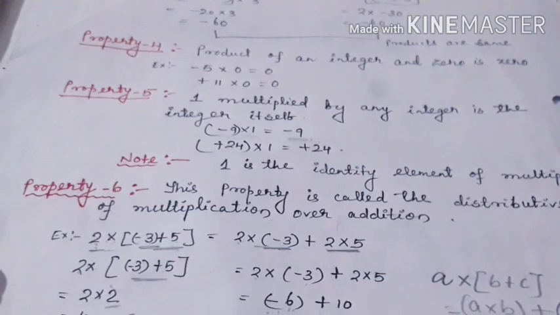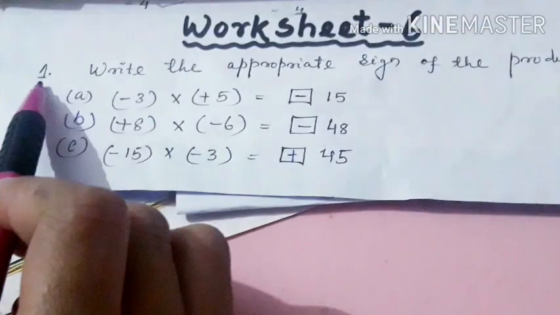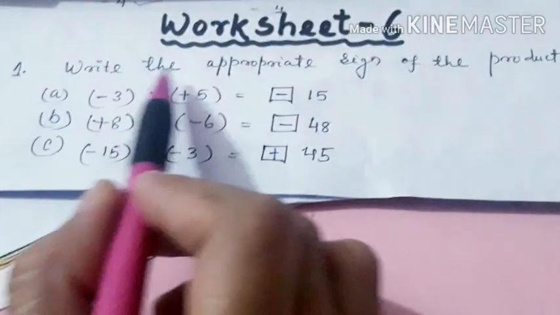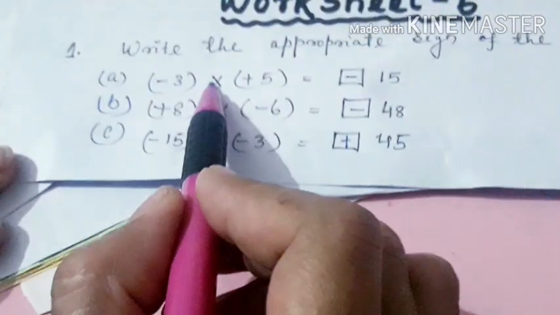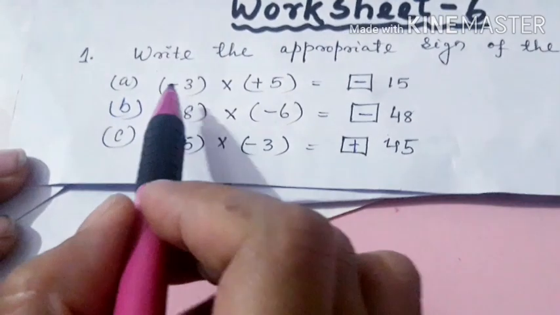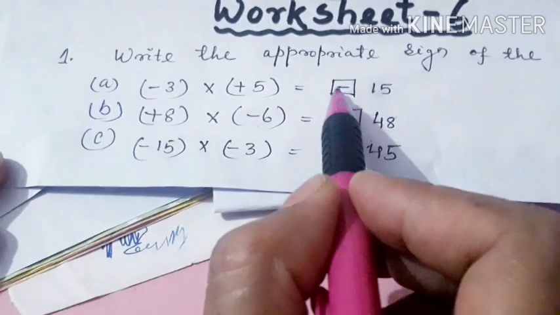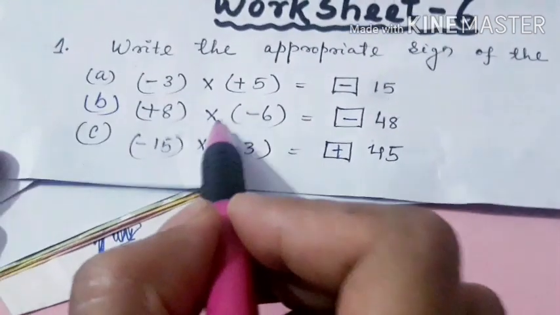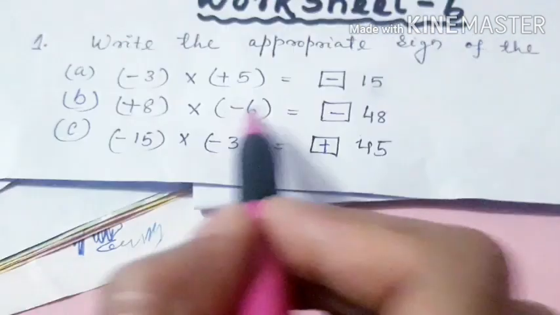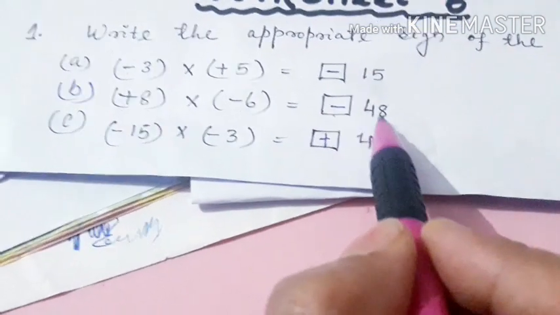Okay. Now, let's go to the worksheet. In question number 1, write the appropriate sign of the product. Minus 3 into plus 5: you already know minus into plus gives minus, so minus 15. Plus 8 into minus 6: plus into minus gives minus, so minus 48.